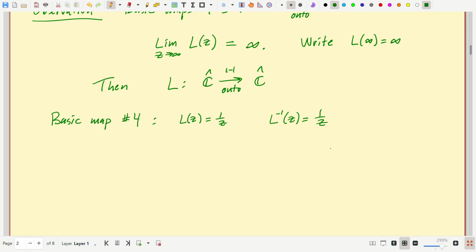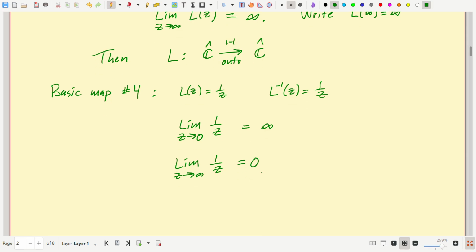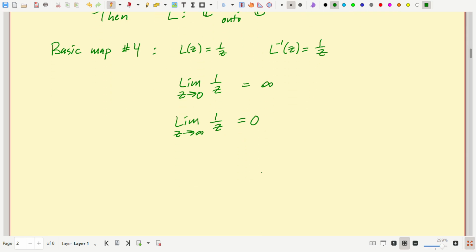And we have the limit as z goes to 0 of 1 over z is infinity, and the limit as z goes to infinity of 1 over z is 0. So this linear fractional transformation, what is it?